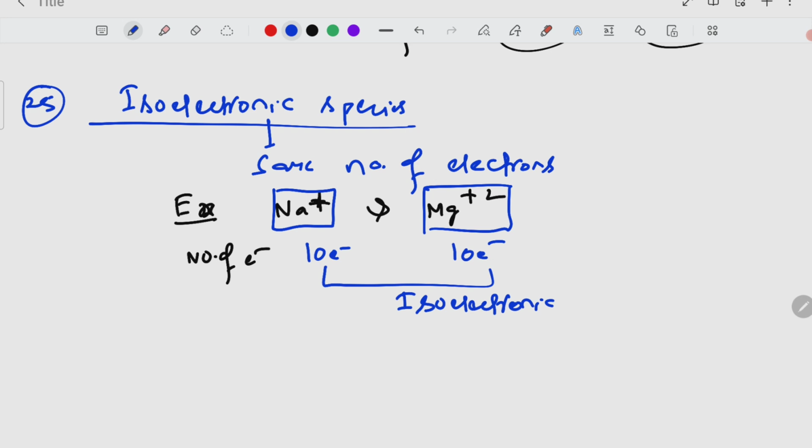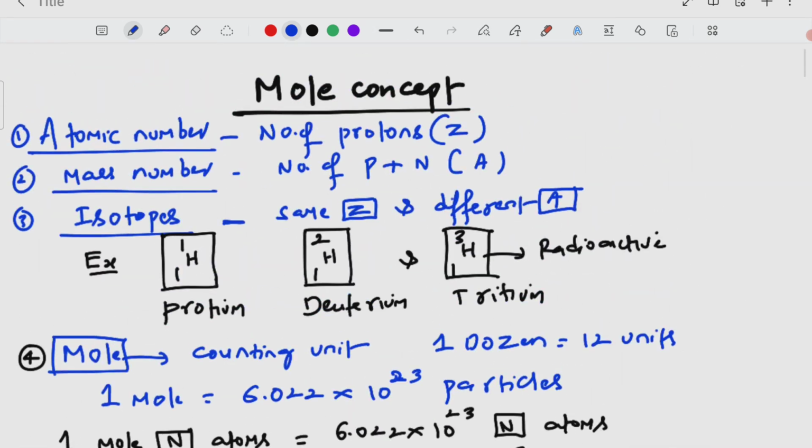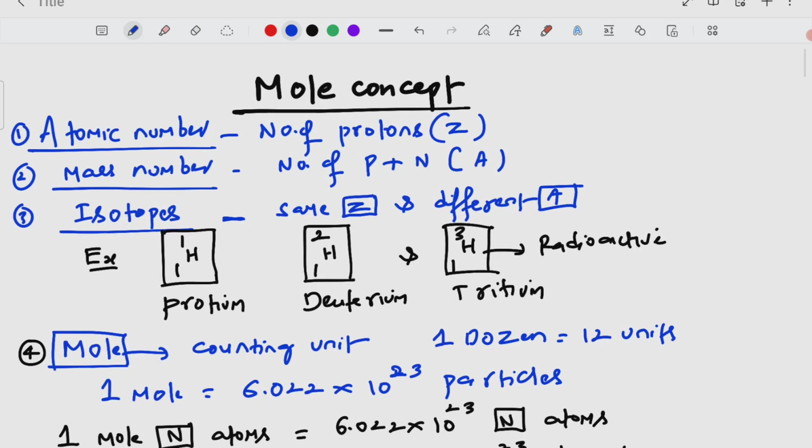Remember, these are the most important terms which we should focus on before going to numericals. One quick recap here.